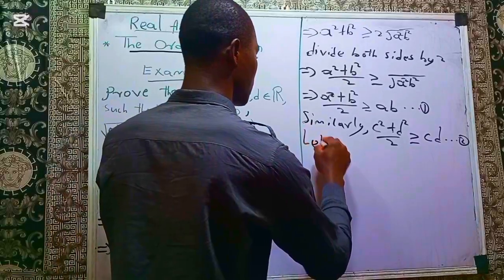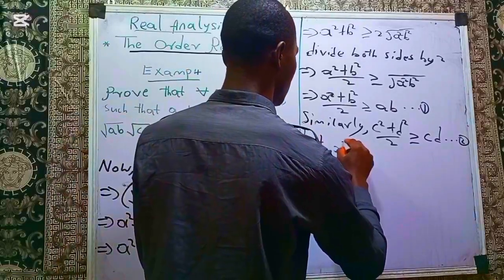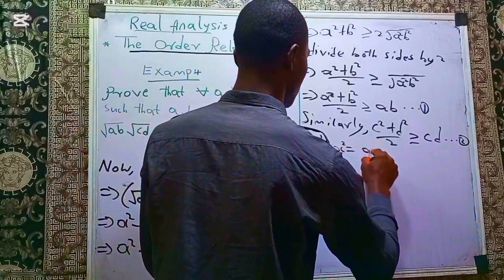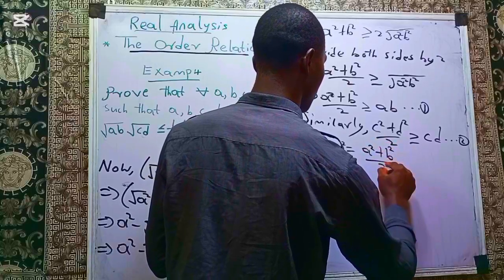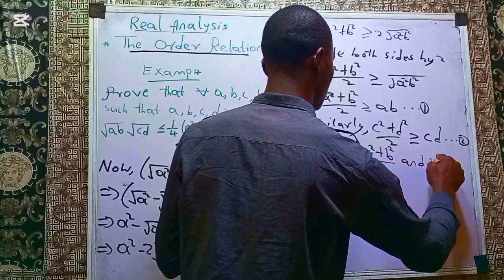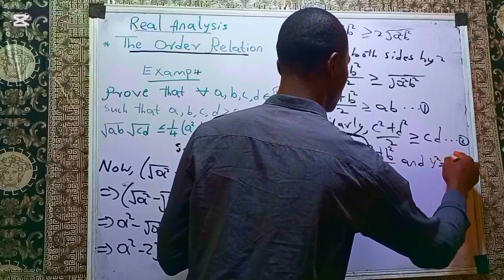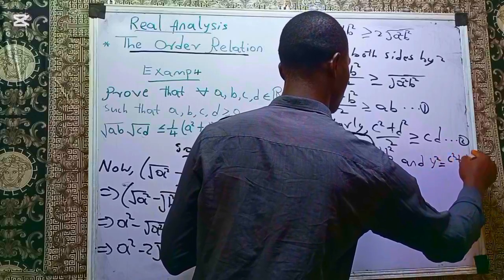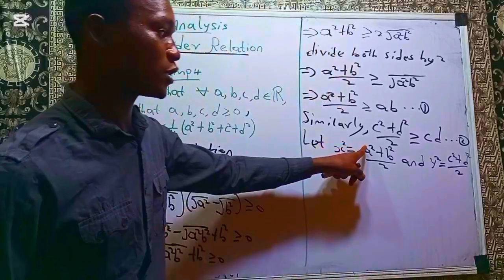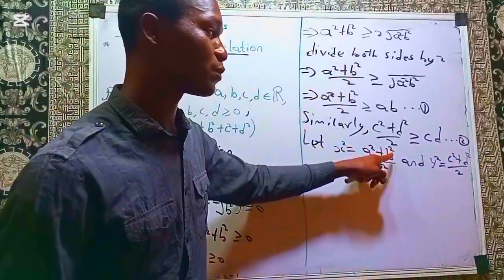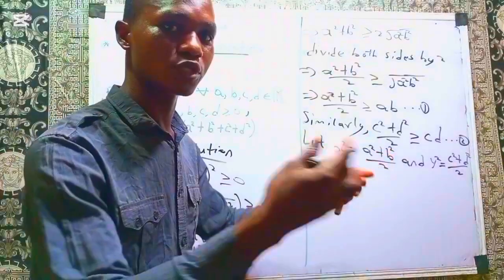So let x squared be equal to (a squared plus b squared)/2, and y squared be equal to (c squared plus d squared)/2. You know a squared is a positive real number, b squared is a positive real number. If you add them, you get another positive real number.